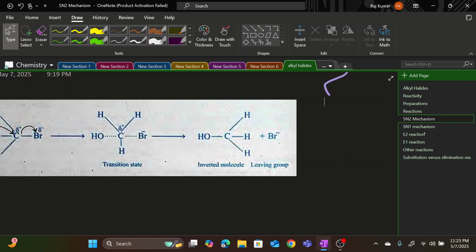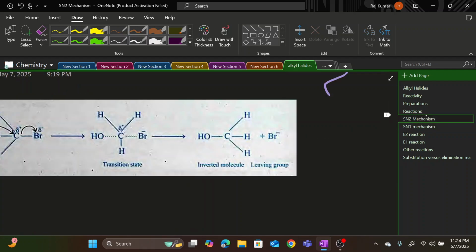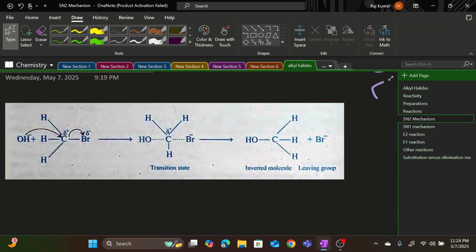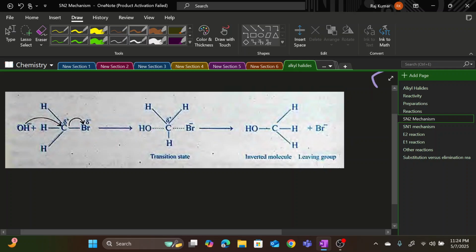SN2 mechanism is pretty simple. In the SN1 mechanism, we had an intermediate, which is the carbocation. But in the SN2 mechanism, we do not have any intermediate. We just have a single step reaction, which has second order kinetics. So basically, in this reaction, the OH group, any sort of nucleophile, comes.